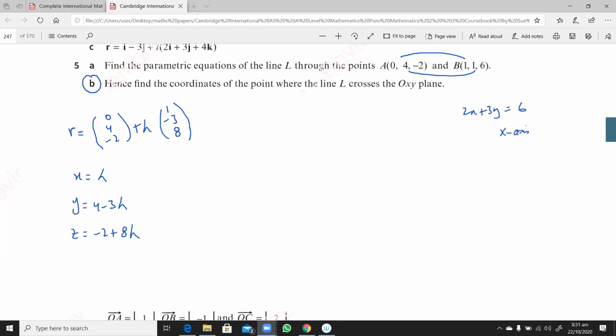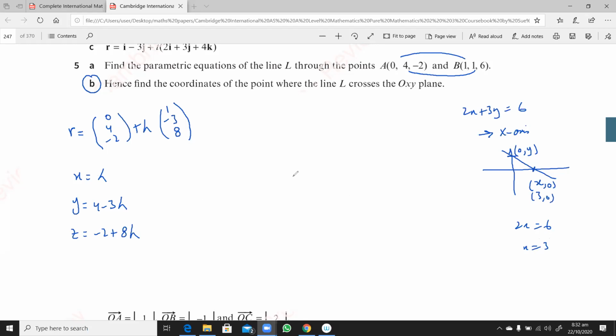When the line passes through the x-axis, the point is going to be something x comma 0. If it passes through the y-axis, the point is going to be 0 comma y. So for this point, you put y equal to 0, and you get 2x equal to 6 and x equal to 3. So this point will be 3 comma 0.